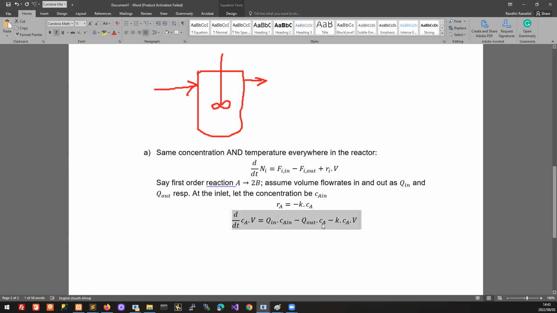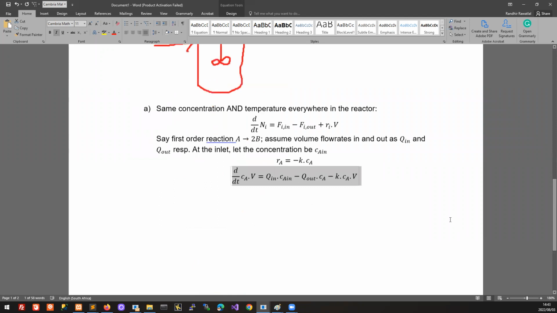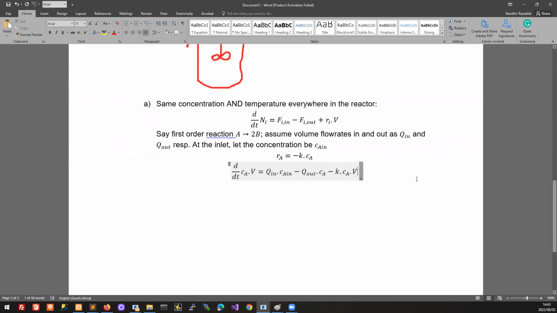CA in is different, that's the inlet concentration. CA is the concentration in the reactor itself. So this is much better than this very general form where we don't know how to get each of these individually. All right, so that's a starting point. Any questions there so far?